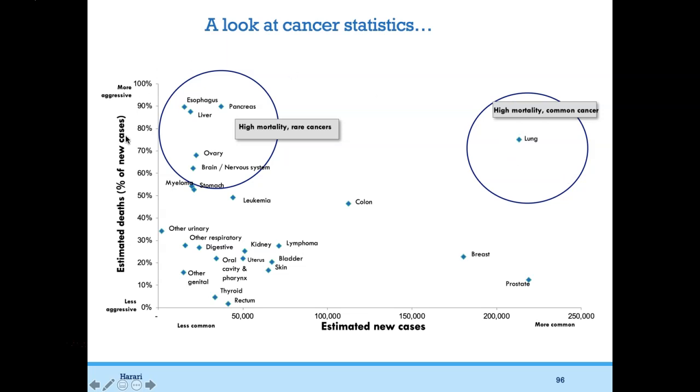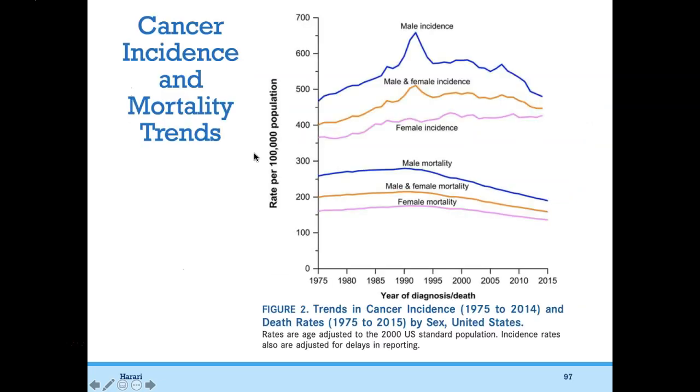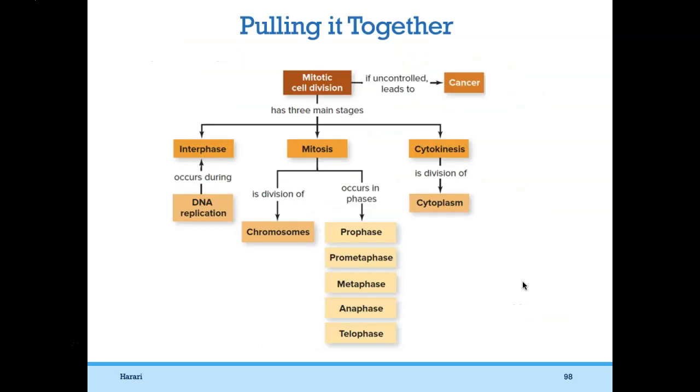It's very common. Other companies might try to design a drug for pancreatic cancer, which is very rare, but it can make a lot of money and save a lot of people's lives. Or not a lot of people, but save the few lives with this very rare cancer. So the good news is cancer death rates are decreasing overall. This is overall good news in the fight against cancer.